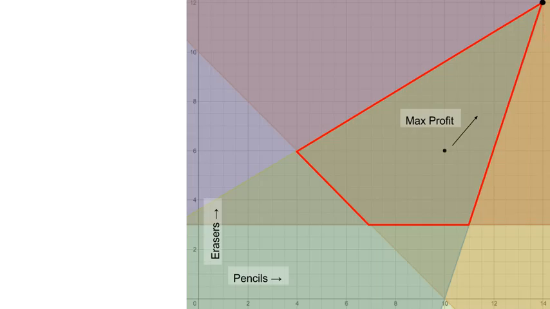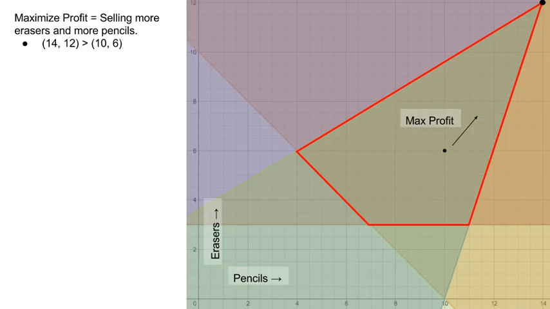So that point right there is going to represent the most profit, because it's the most erasers and the most pencils. We can't do any better than that. So again, if we're trying to sell more erasers and more pencils, well, the point 14, 12, which means 14 pencils and 12 erasers, is better than the point 10, 6, which was our original point right here, because we're going to make more profit. In fact, 14, 12 isn't just better than 10, 6. It's actually the most pencils and most erasers, so it maximizes our profit.